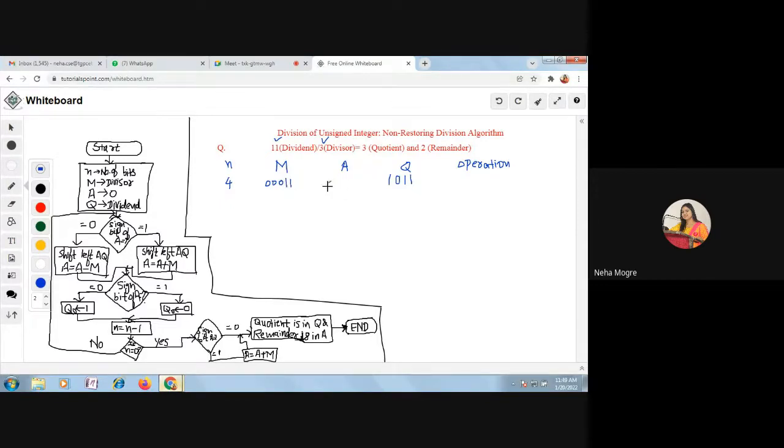And A, initially it is 0, in 5 bits I am writing this. So this is the initialization step. This one we have done.